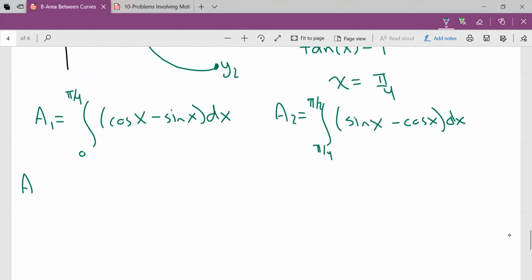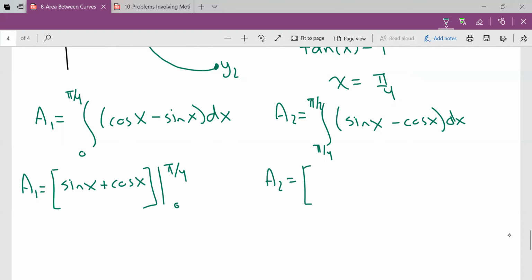So area 1, the antiderivative of cos x is sine x. The antiderivative of sine x is negative cos x, so we get plus cos x evaluated from 0 to pi quarter. Area 2, again, the antiderivative of sine x is negative cos x. The antiderivative of cos x is sine x, so negative sine x, evaluated from pi quarter to pi half, just like that.